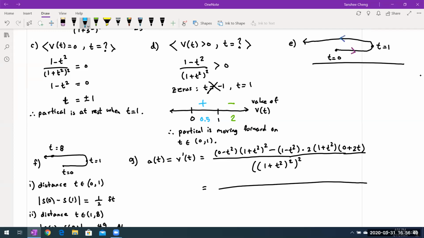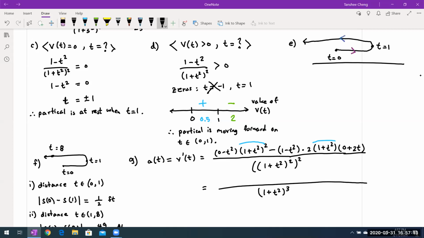On the first term, I have 1 plus t squared. On the second term, I also have 1 plus t squared. So I can factor out 1 plus t squared and reduce it with one of the denominator parts. Originally it's supposed to be the fourth power, but because we reduced it by 1, it will become the third power.